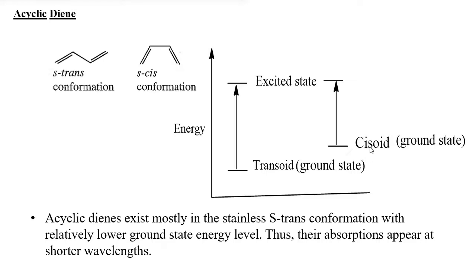That is why the ground state is less stable compared to the ground state of transoid conformation. Hence cisoid conformation is less favorable, and usually the dienes, especially acyclic dienes, exist in S-trans conformation.